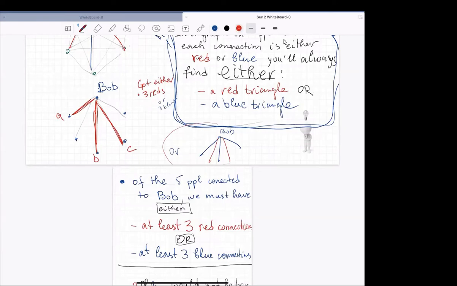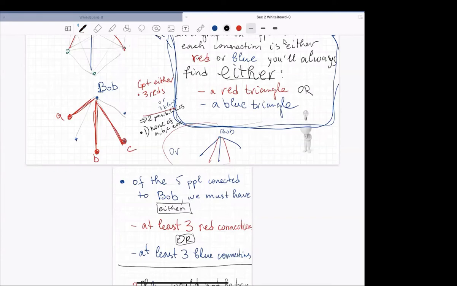Help me out. I can consider these guys, A, B, and C, to which Bob is connected with 3 lines, right? And I can consider how those guys are connected. Now I have 2 possibilities. One, none of A, B, C are connected.